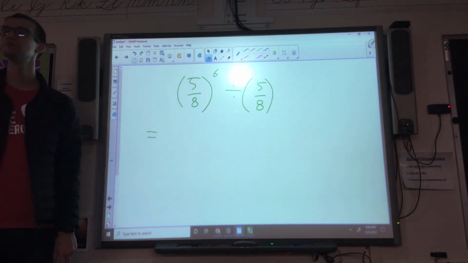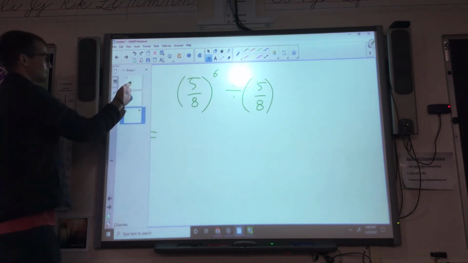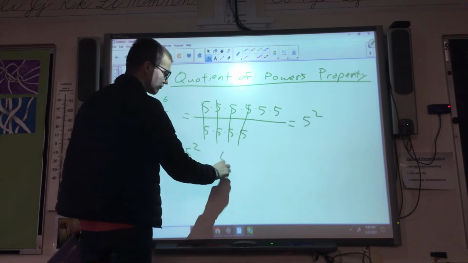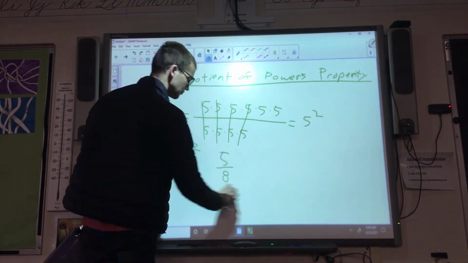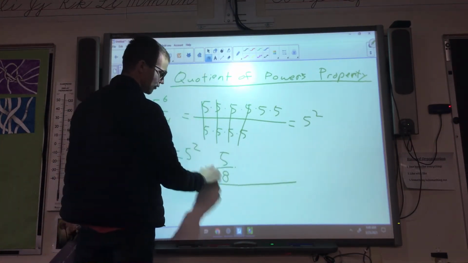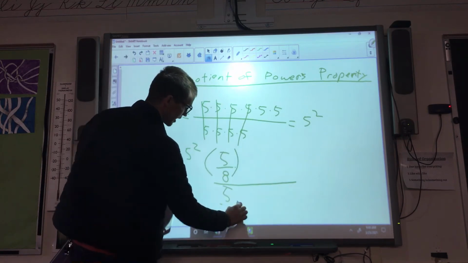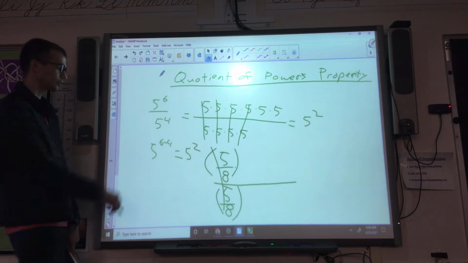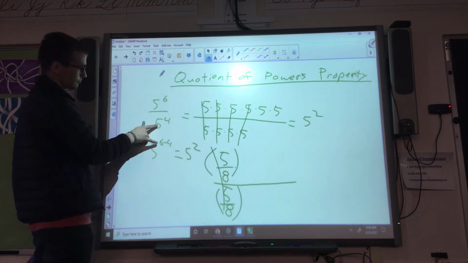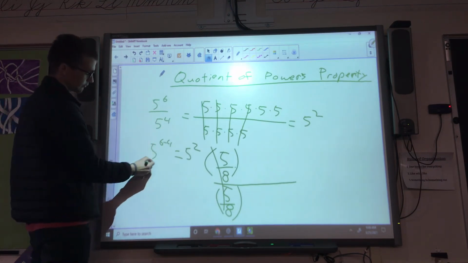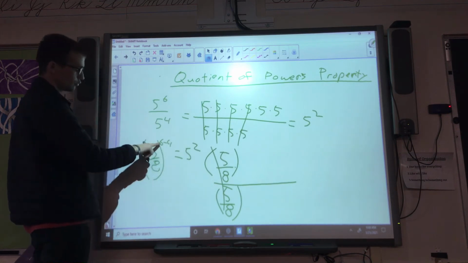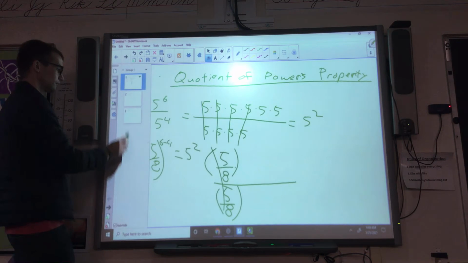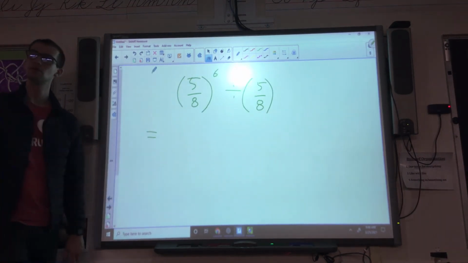No clue? You go back to this. You can put 5 eighths that many times if you want. But think, every time you have a 5 eighths on the bottom, it's gonna cross one of them out. Or you can say 5 eighths, 5 eighths, well, you can put 5 over 8 here. Put the new powers there, top one minus the bottom one. Works every time.